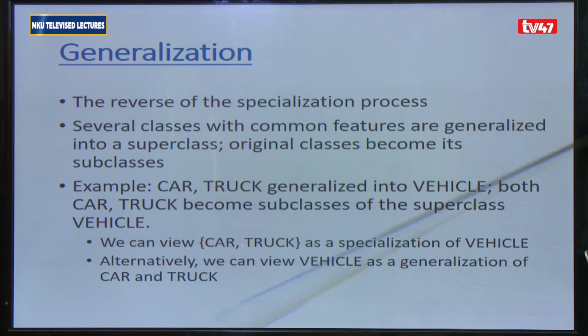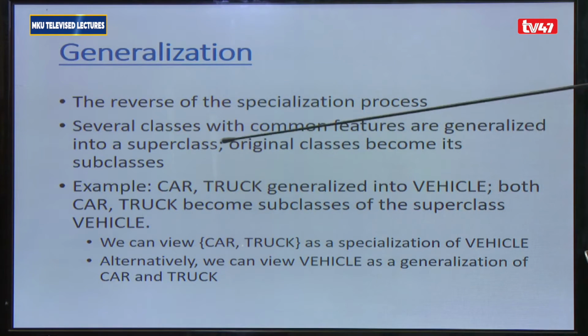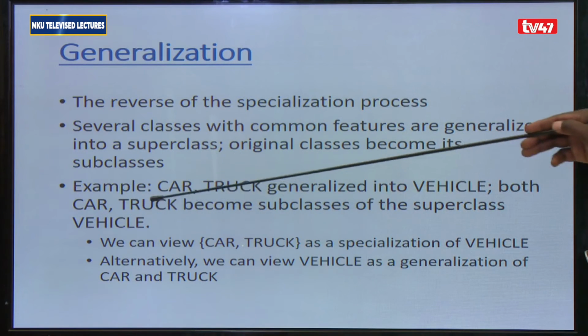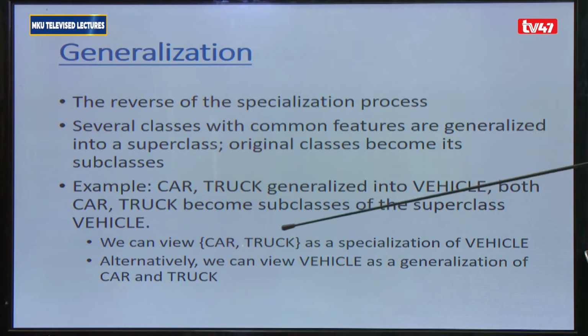So for example, let's look at this. We have a car and a truck. If you were told there is a car, there is a truck, and then you are told to give a general name for this, you would say that they are vehicles. So both the car and the truck become subclasses of the superclass vehicle because you have grouped them together and given them a general name.